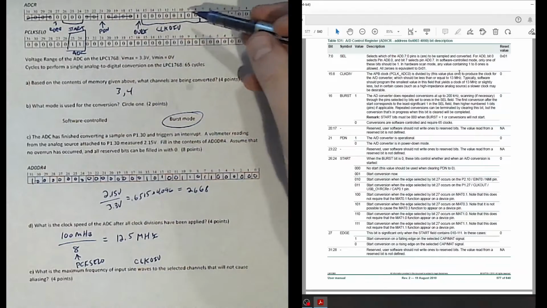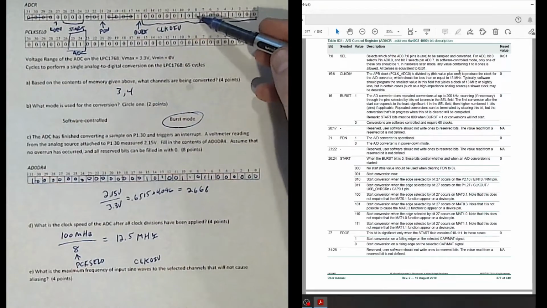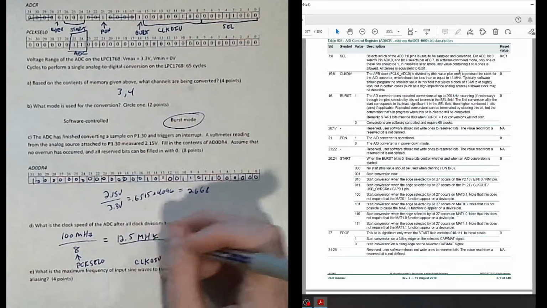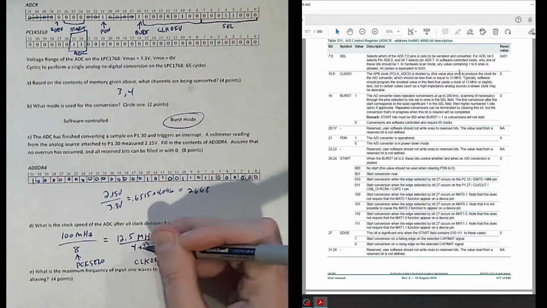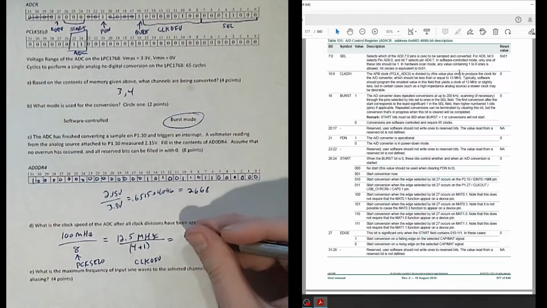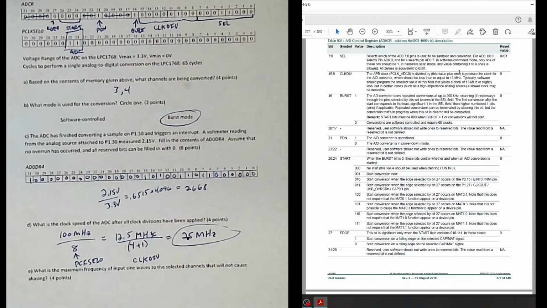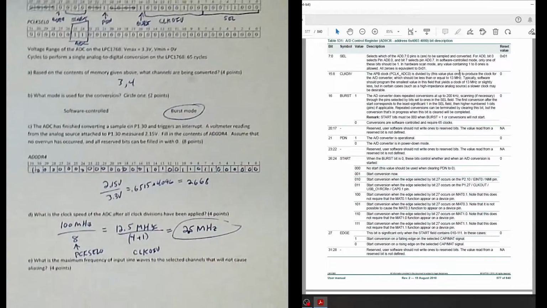That means that we're dividing by what we have in this, which is 001 in binary, which would be 4 in decimal. So we're dividing further by 4 plus 1 for the CLKDIV. And so that gives us 2.5 megahertz as our answer for this part. So 2.5 megahertz once we've applied all of those clock divisions.